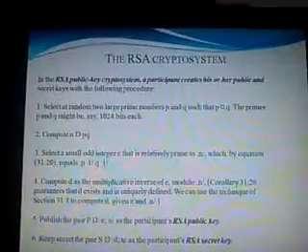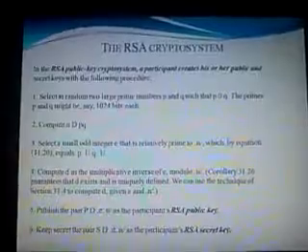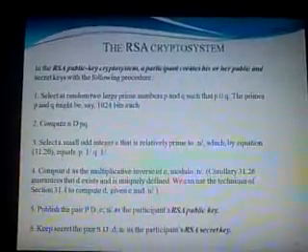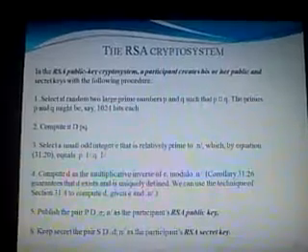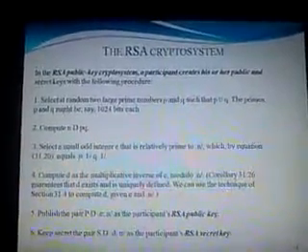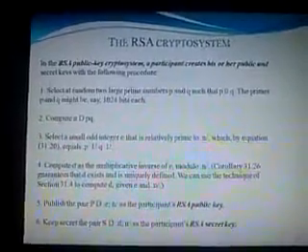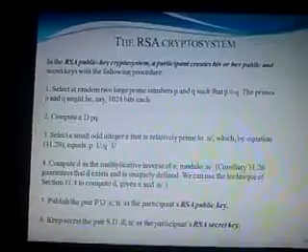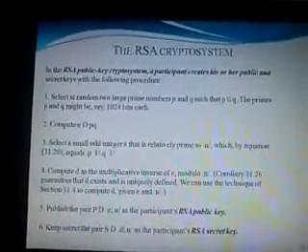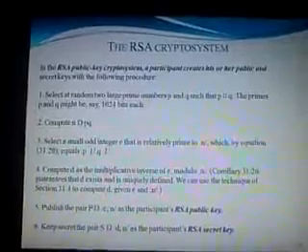In the RSA public key cryptosystem, a particular participant creates his or her public and secret key with the following procedure. First, select two random large prime numbers p and q, such that p is not equal to q.